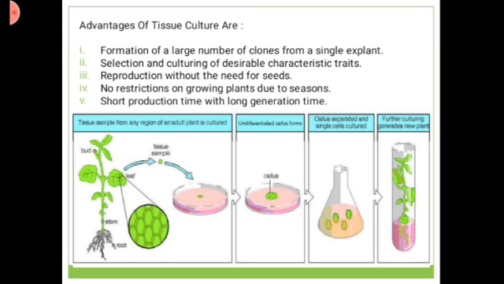The cell forms an undifferentiated tissue called a callus, and from the callus, further culturing generates a new plant. So this is the overall technique of tissue culture.